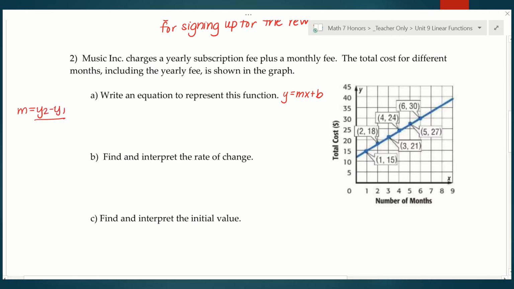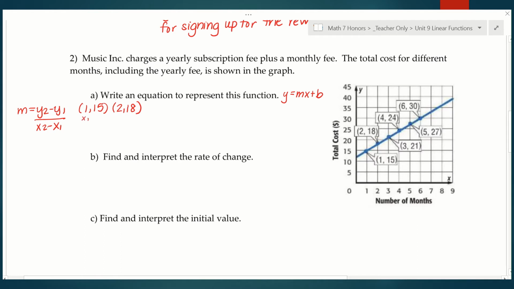I forgot. y2 minus y1 over x2 minus x1 is our slope formula. And you can choose any 2 points that you want on that line. And so they give us quite a few options here. Just to make it simple, I'm going to use the first 2. So I'm going to use (1, 15) and (2, 18) as my 2 points.